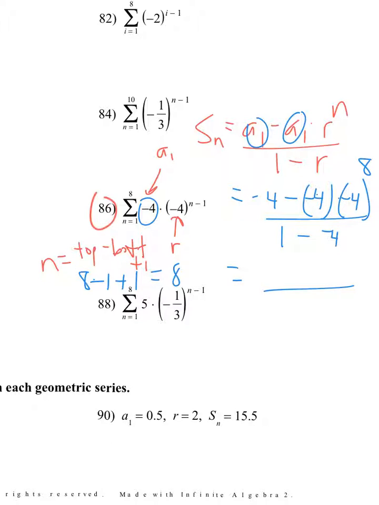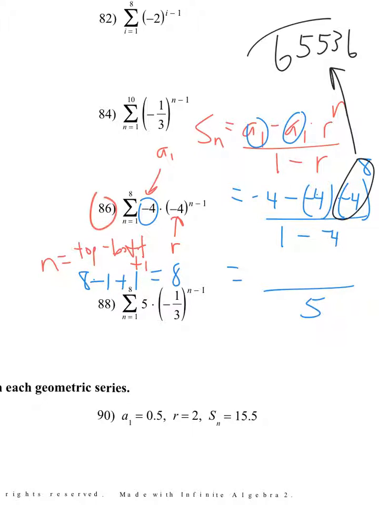So on the bottom, I'm going to do that first. That becomes plus, so that's a 5. We're going to do negative 4 to the 8th power, and negative 4 to the 8th is 65,536. If I do that on the calculator, I need to multiply that times this negative 4. And if I do that, I get negative 262,144.